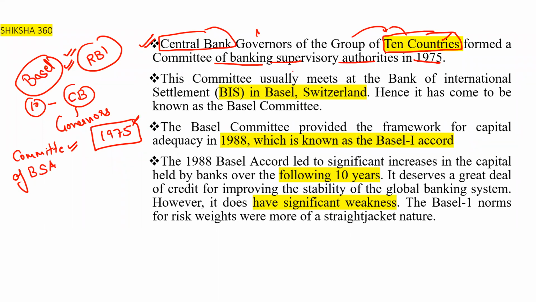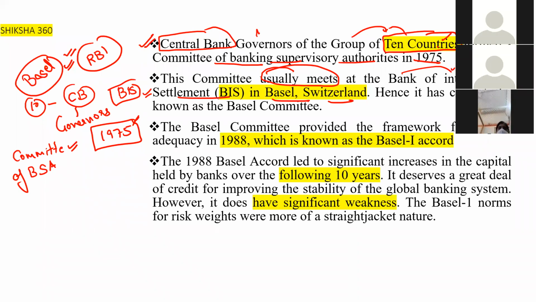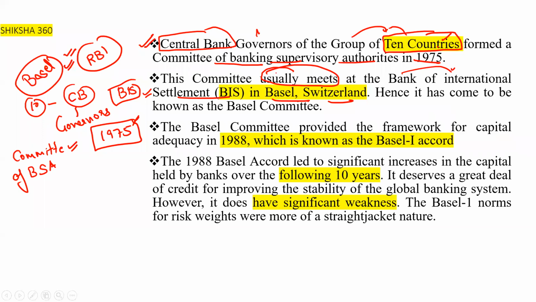This committee usually meets at the Bank for International Settlements, BIS, in Basel, Switzerland. Every year they meet in the city of Basel, which is located in Switzerland.